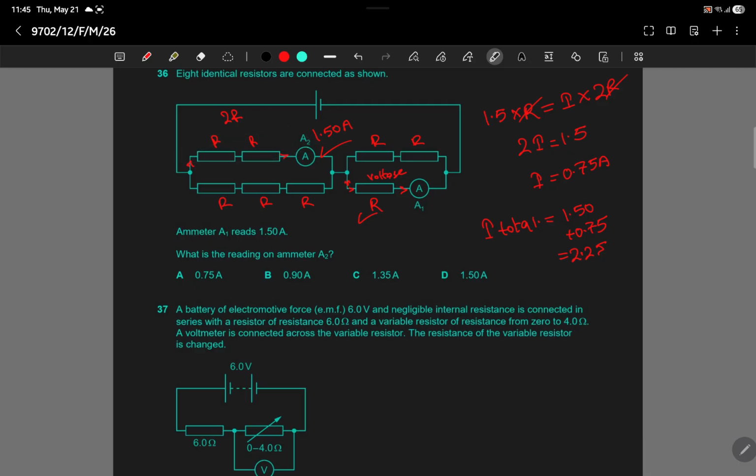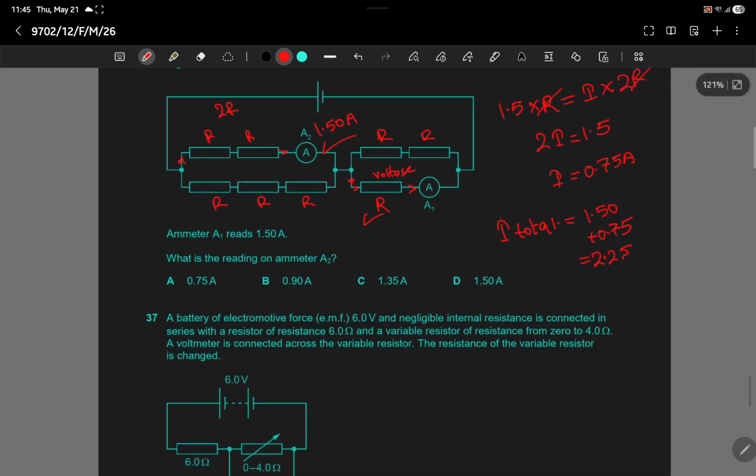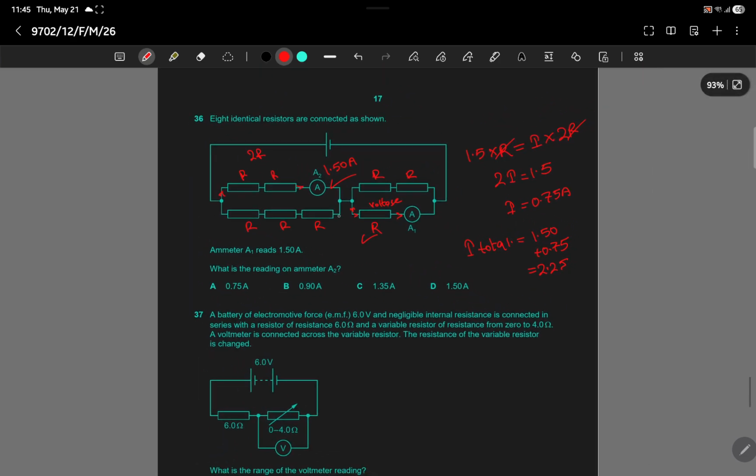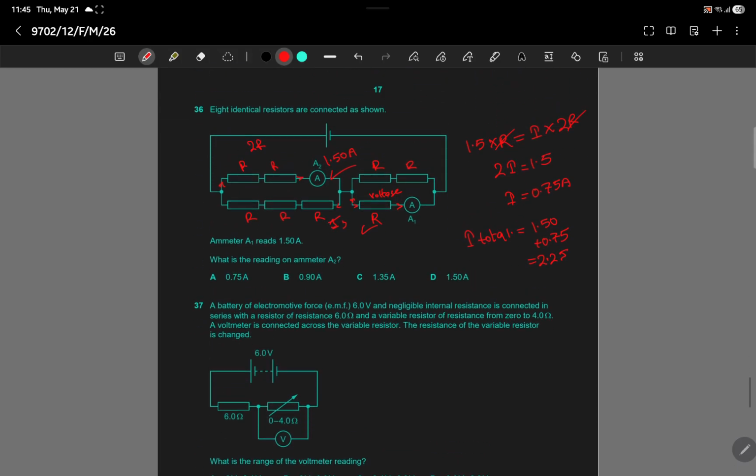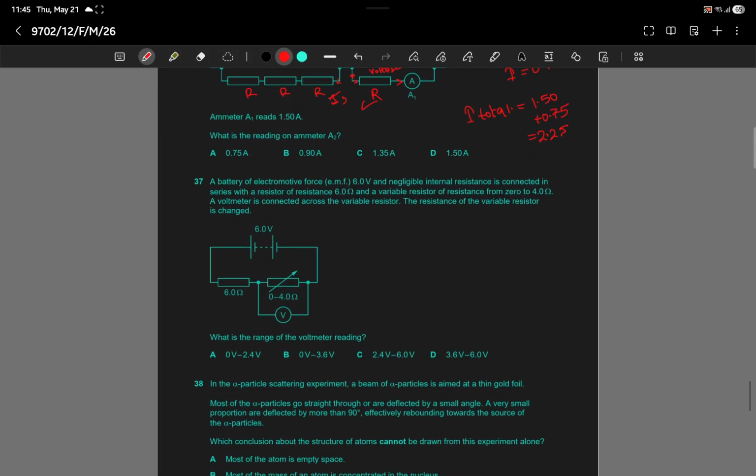So let's try to do this as well. Let's consider the current flowing here as I3, and let me resolve it this way. Actually, let me just do it over here instead.